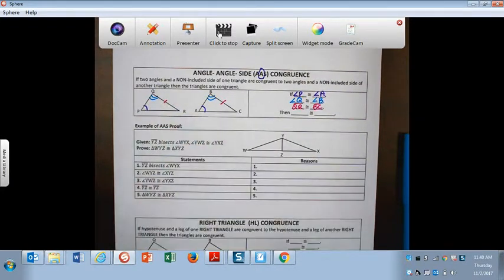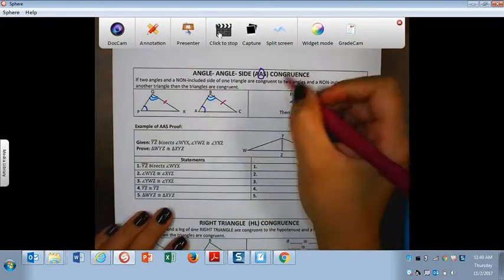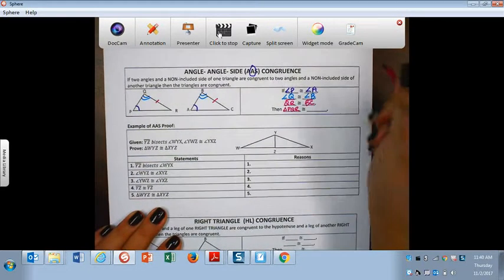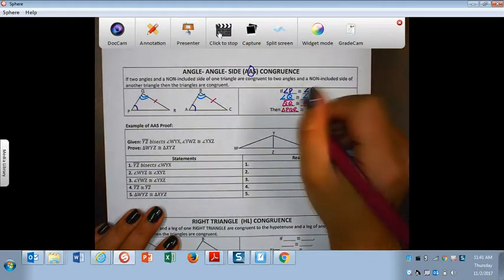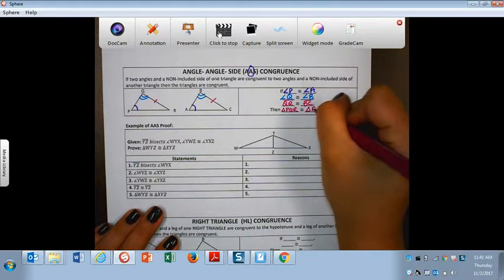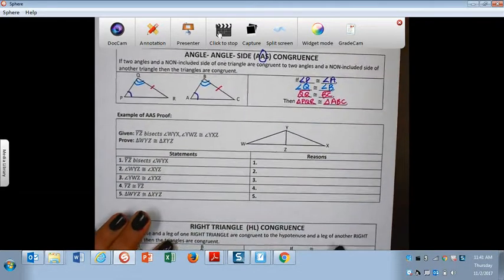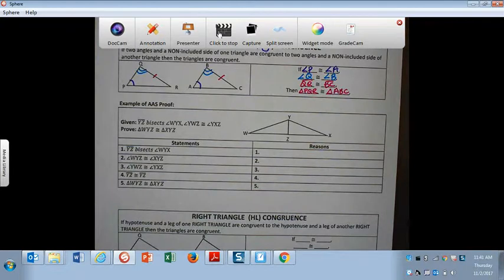The angle is in between. So we can say that triangle PQR is congruent to triangle ABC.